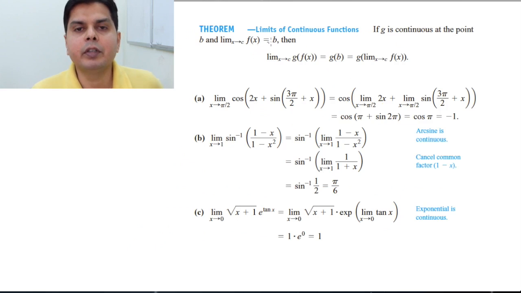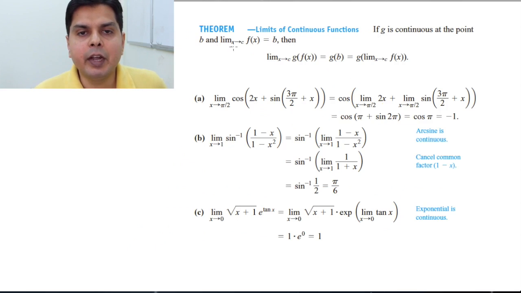Another very important theorem is the limit of continuous functions. If g is continuous at the point b and limit x tends to c of f(x) is equal to b, then the limit x tending to c of g of f(x) is equal to g(b), which is g of limit x tends to c of f(x).